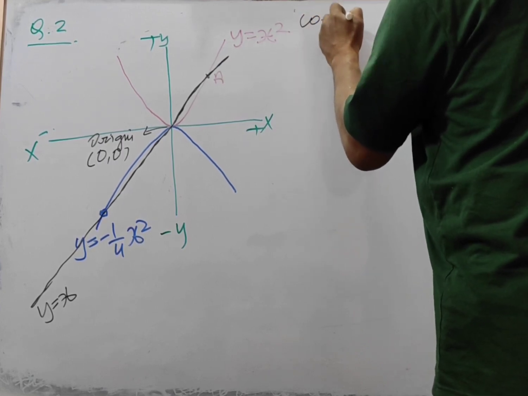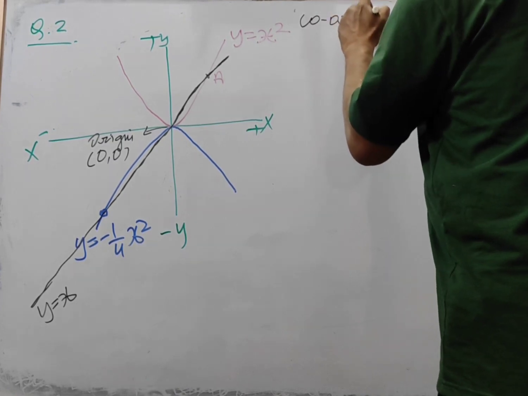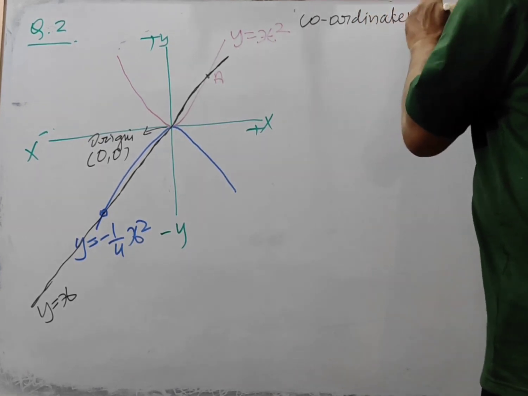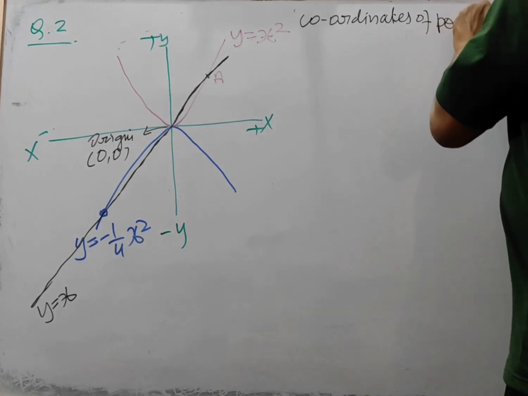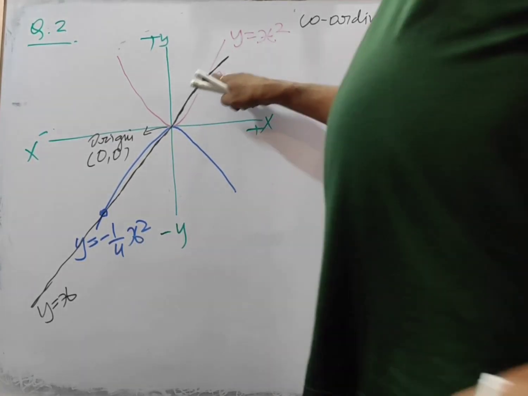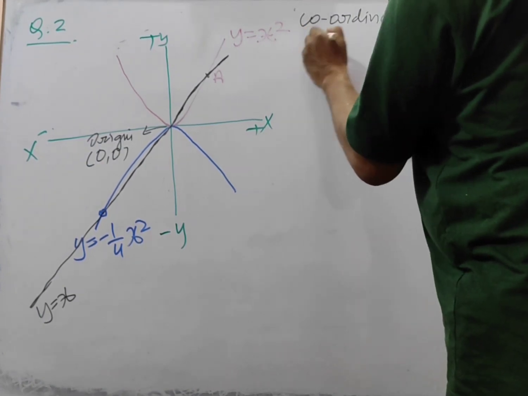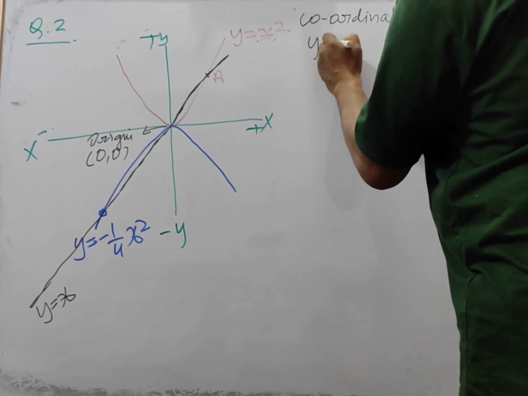So now to get the coordinates of point A, what we do: this first equation is y is equal to x square.